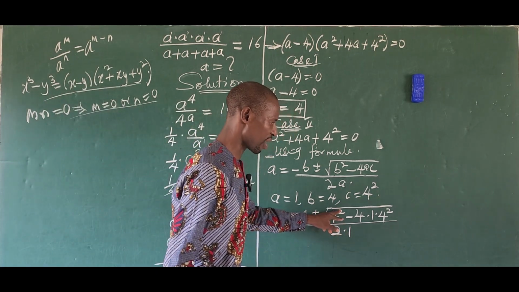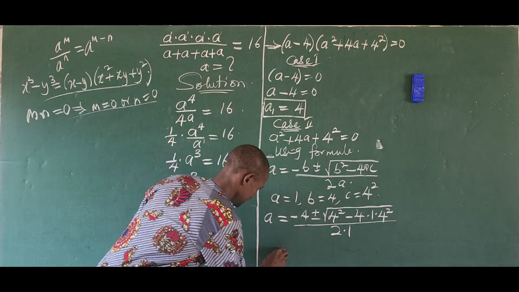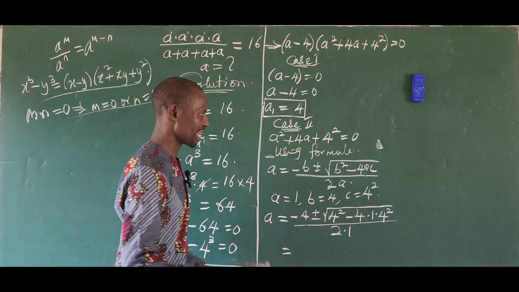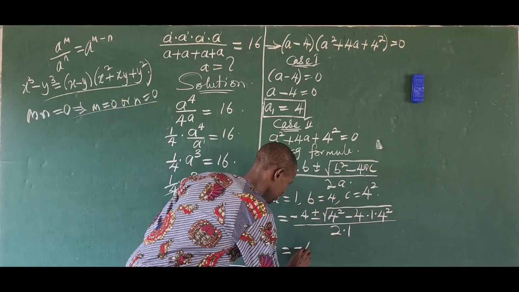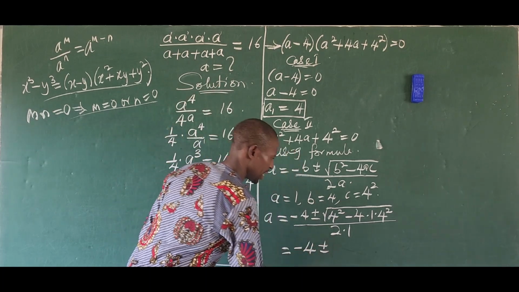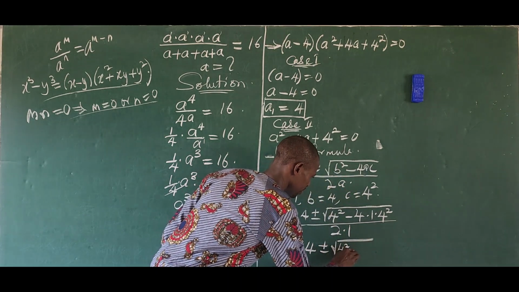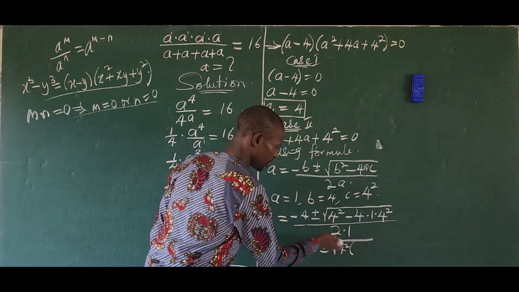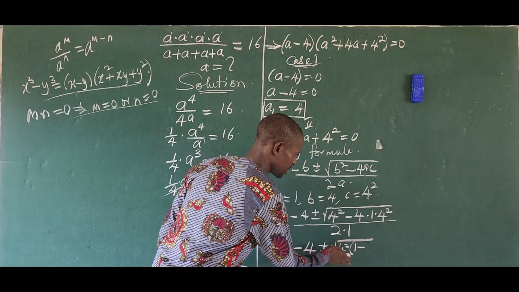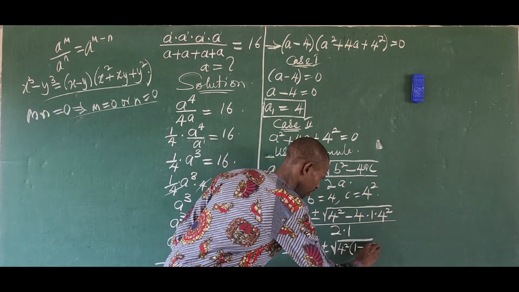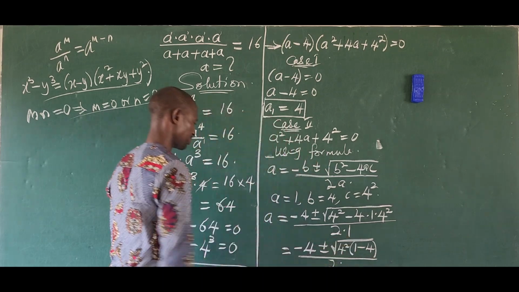Let's bring out 4^2 from here and here, because they are common. This is the reason why I said no need to simplify first. So this gives us -4 ± √(4^2(1 - 4)), all over 2.